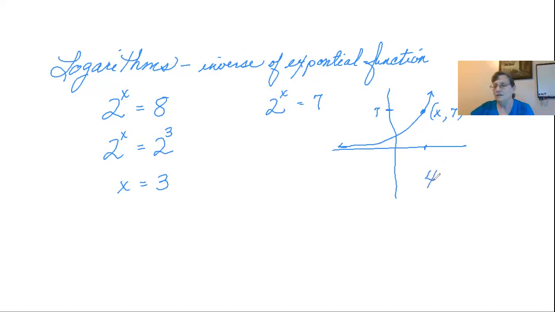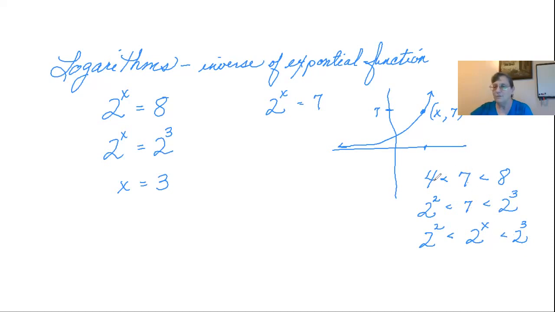If we know, of course, that 7 is between 4 and 8, and you know that 4 is 2 squared and 8 is 2 cubed, then there are going to be values between 2 and 3 that would be the exponent of 2 raised to the x, so that 2 raised to the x would be 7.